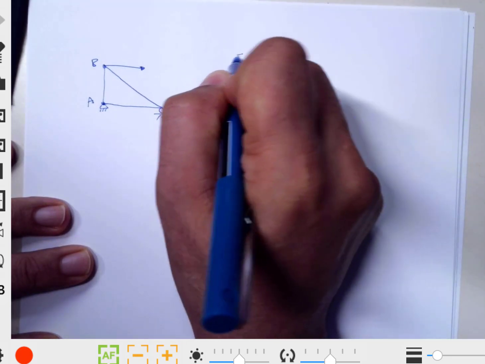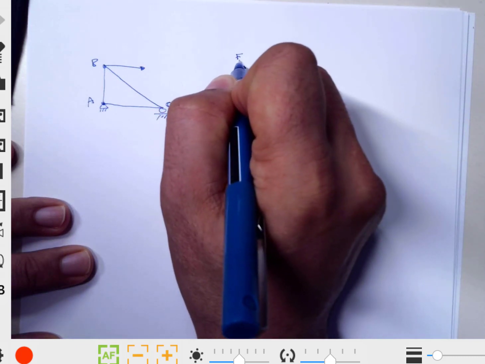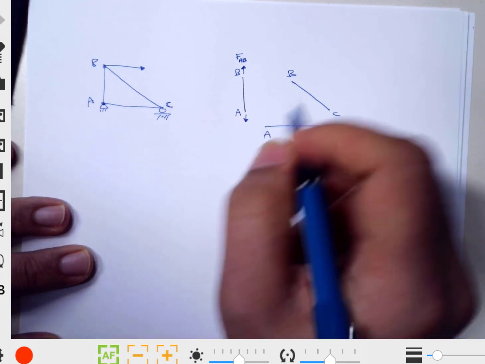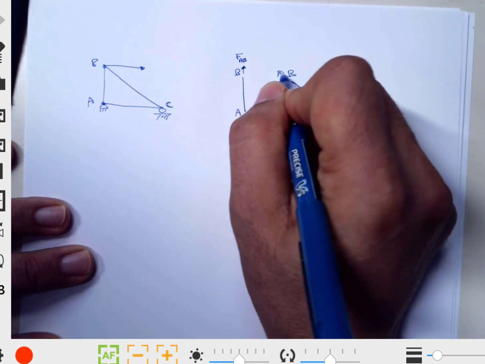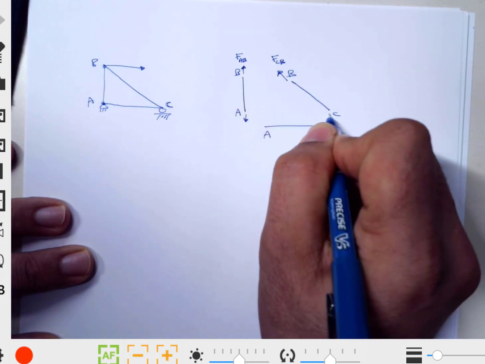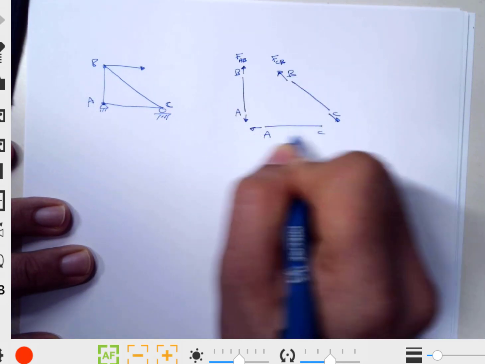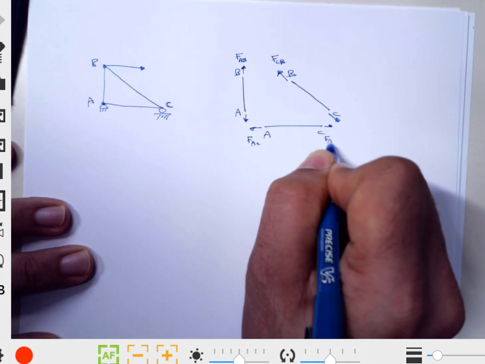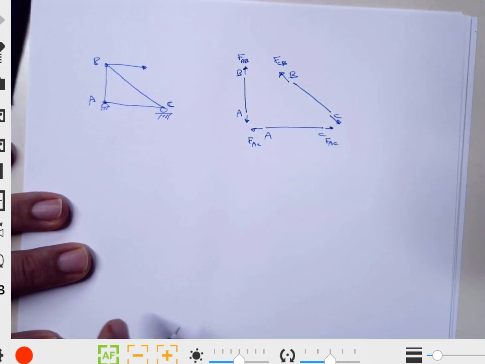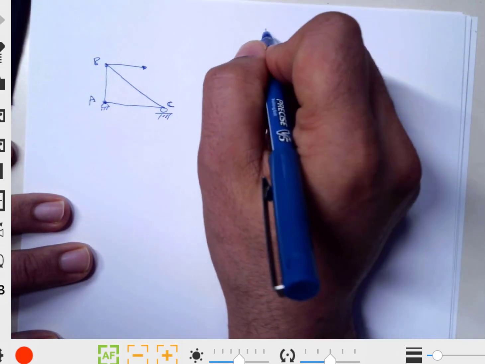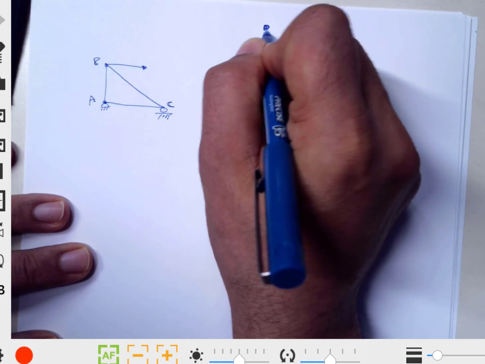We'll give it a name. Let's call it FAB, which is the same FAB here. And here we have FCB, and here we also have FAC and FAC. Now to continue, we'll take the point B. So we have here a joint.